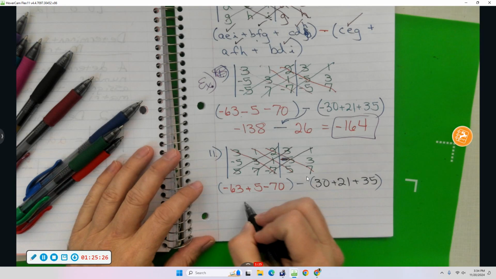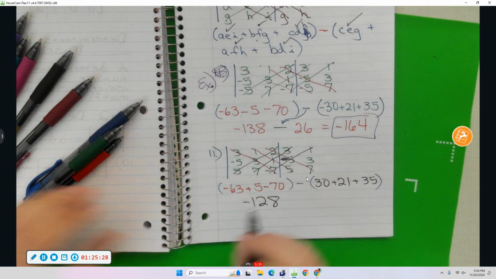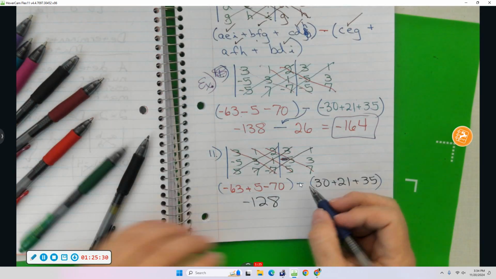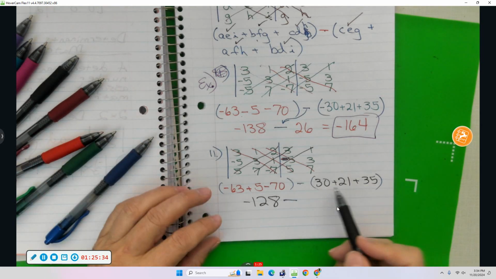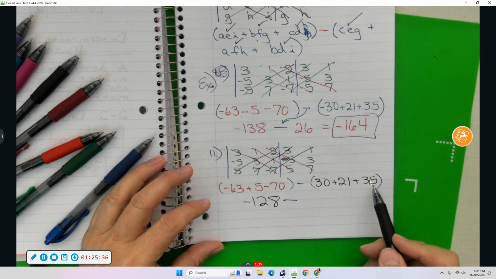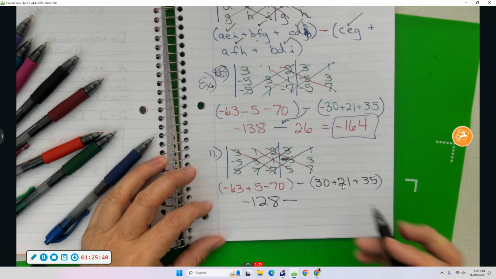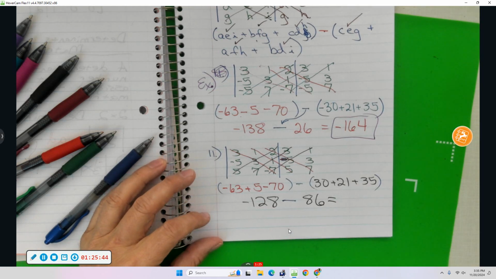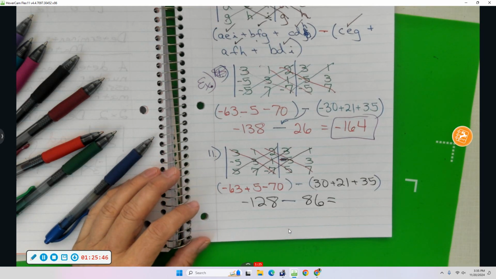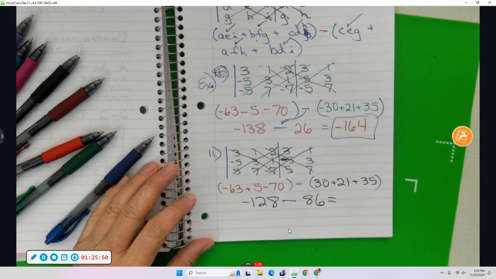Negative 128, yes. And minus, that's a 51 plus a 35. 51 plus 35, is that an 86? Negative 128 minus 86, is that going to be 214?